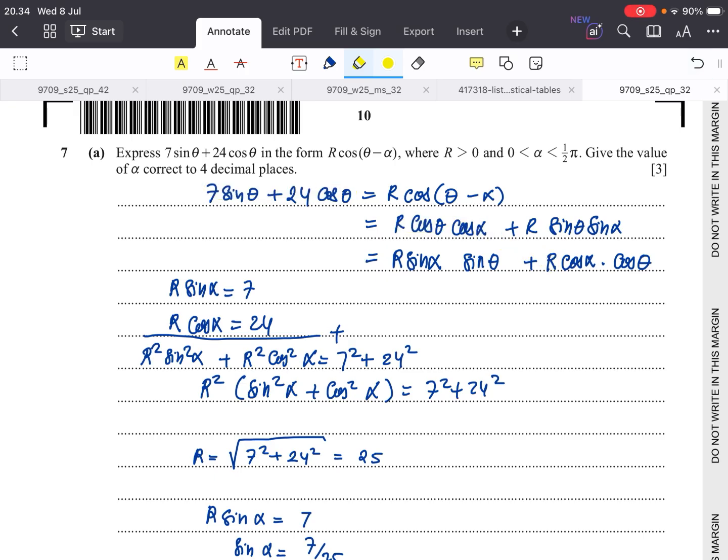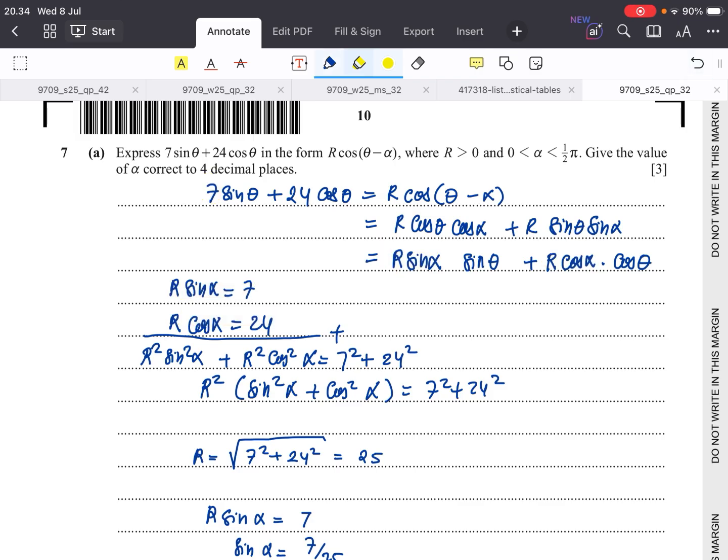Since this one is sin alpha, this one is also sin alpha, in order to make it the same, we have to equate the r sin alpha with 7, and then r cos alpha with 24. Since this is cos alpha, this is also cos alpha. So r sin alpha is equal to 7, and r cos alpha is equal to 24.